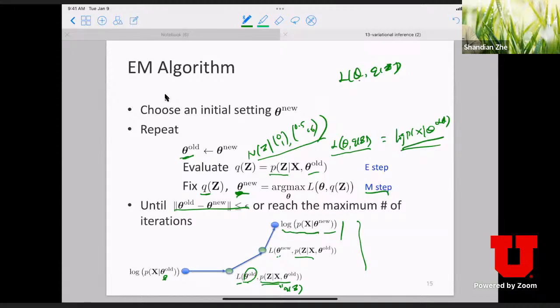If you fix theta and maximize over Q of z, you are actually maximizing the objective function with respect to a function, not some parameters. This Q of z gives you the posterior distribution, and when Q of z becomes optimal, the bound reaches the log model evidence. Then you fix that and maximize L with respect to theta. But I usually don't explain it that way, because you have to be clear that when you maximize L with respect to Q of z, you are essentially doing functional maximization, not just parameter optimization.